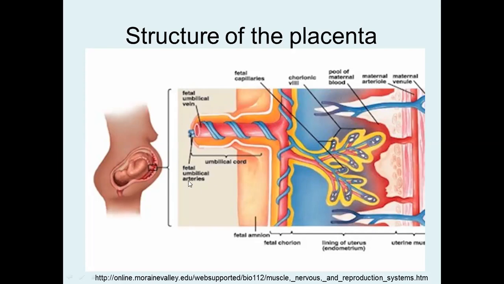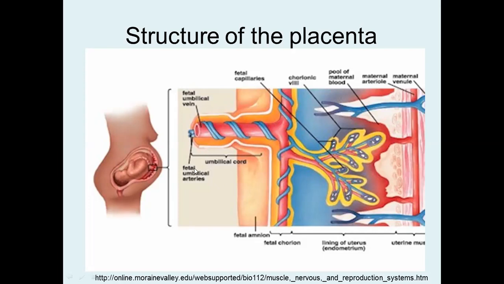Fetal umbilical arteries, and remember that artery is A for away, so the direction of blood flow in the fetal arteries is always from the heart of the fetus, down here, and it'll go along the umbilical cord. There are 2 fetal arteries, and they carry, this is very unusual, remember it only happens here, and it happens in the pulmonary arteries.